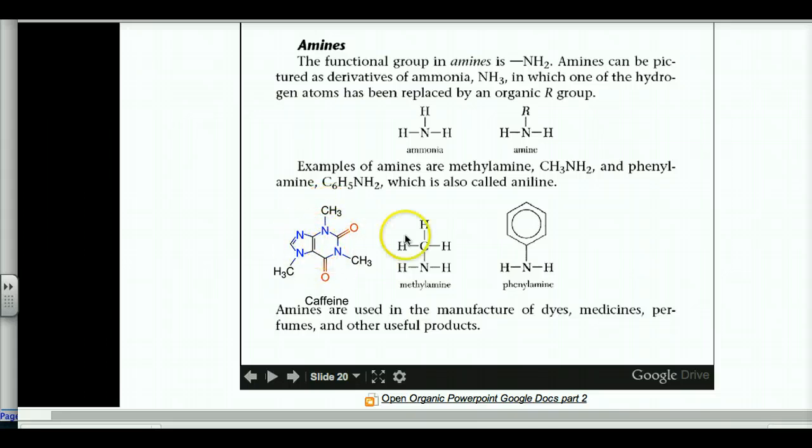Another one that's also used, but I think it's going down in use because it's so expensive, is nicotine. And there's a bunch of others. So amines are stimulants. They're also bases because of the lone pair they can accept H's, and they're used again for medicine, dyes, and all different types of things. So the organic bases are your amines.